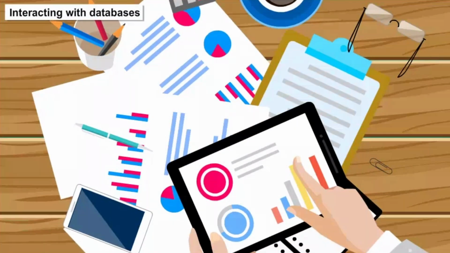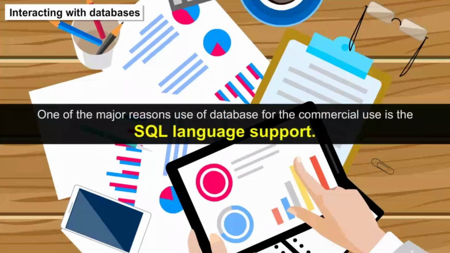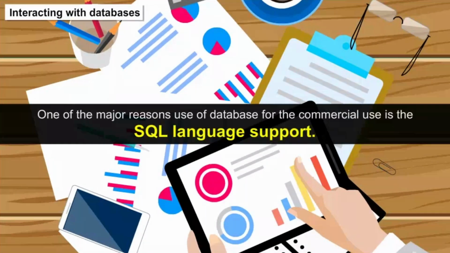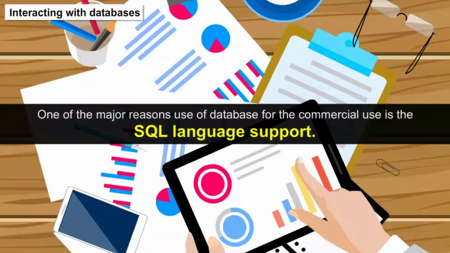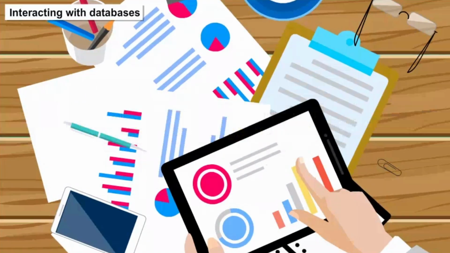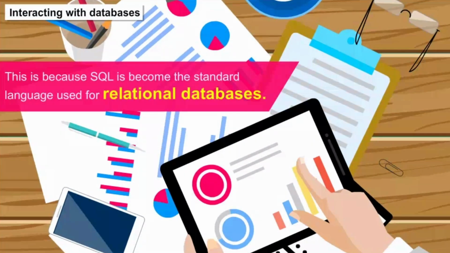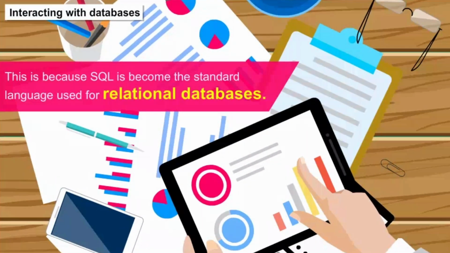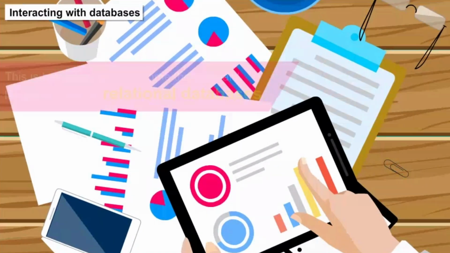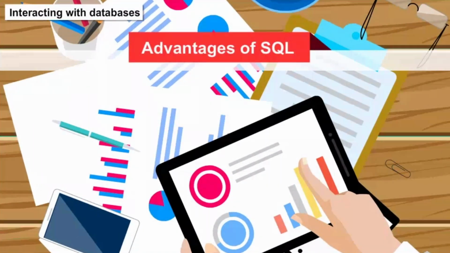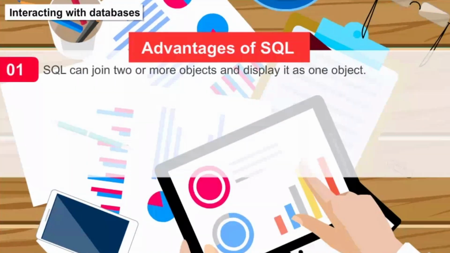Interacting with databases. One of the major reasons for the use of databases for commercial purposes is the SQL language support. This is because SQL has become the standard language used for relational databases. Advantages of SQL. 1.